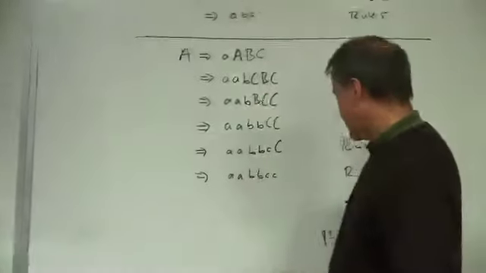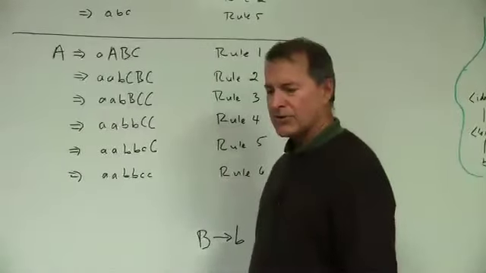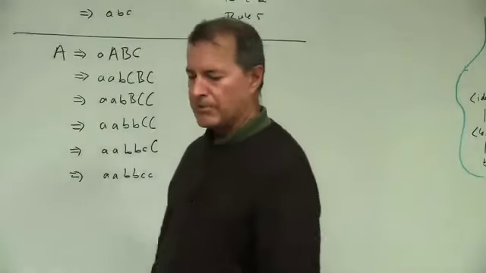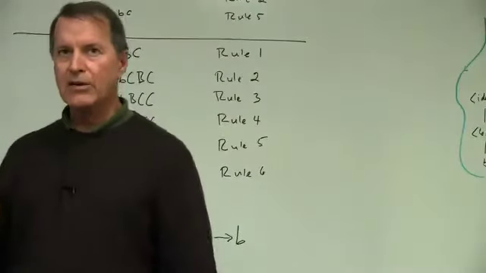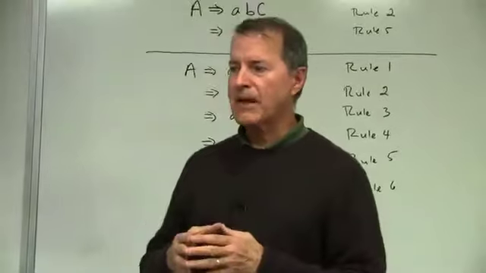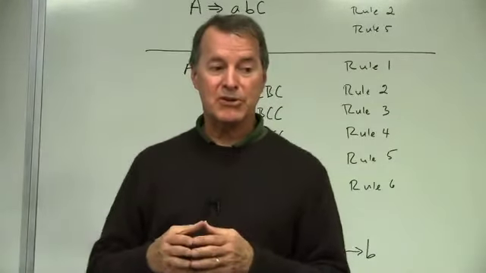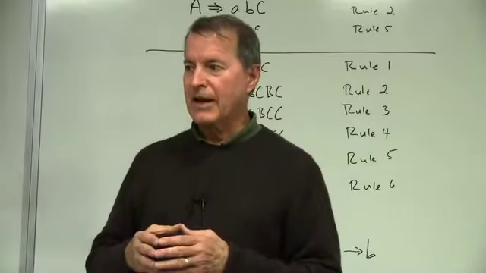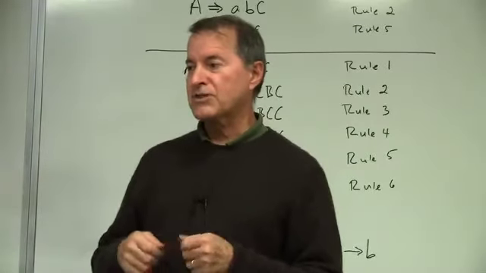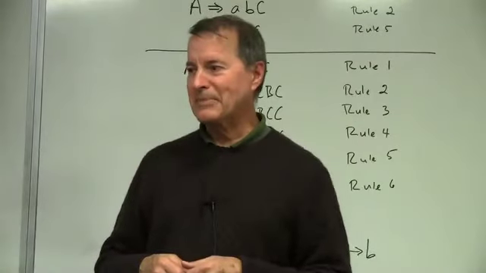Now, let's get back to our original problem. What we know now is how to derive a valid sentence. Let me ask you a question: what does your compiler do, or what is your assembler going to have to do? Whenever you run your assembler, are you going to say, give me a valid assembly language program?